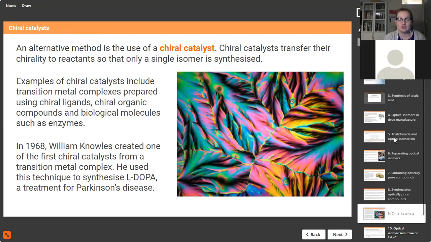So again, the L-DOPA that I was talking about earlier, William Knowles created one of the first chiral catalysts from a transition metal complex and used this technique to synthesize the L-DOPA treatment for Parkinson's disease. So that's where the dopamine is able to be converted in the brain.